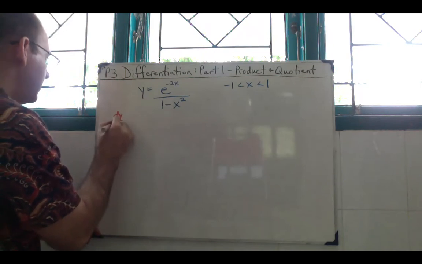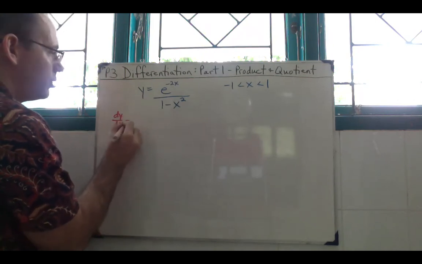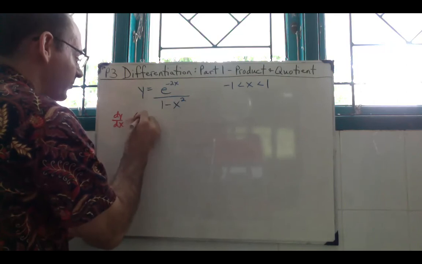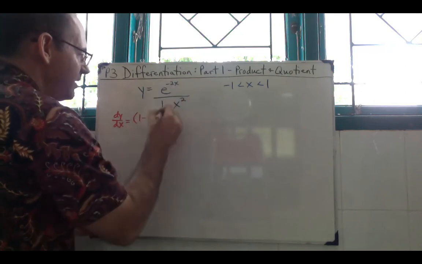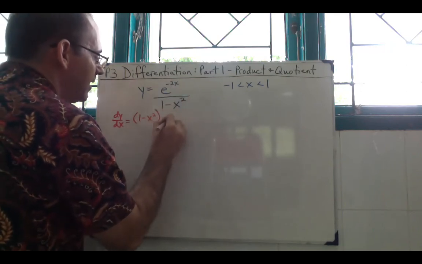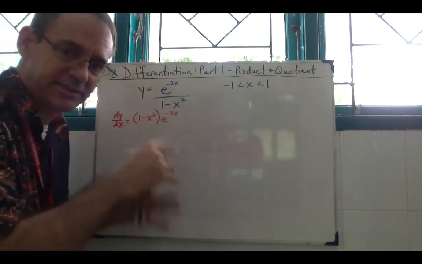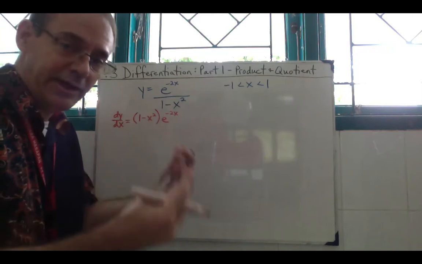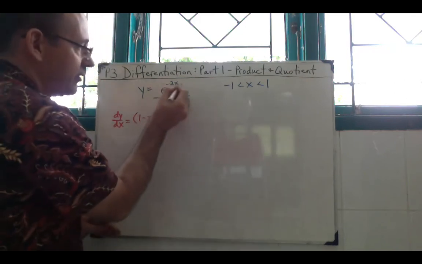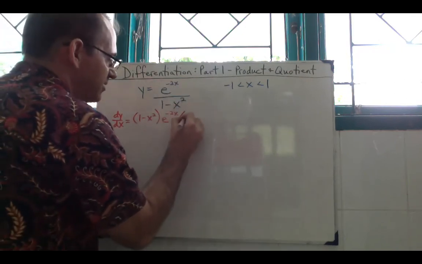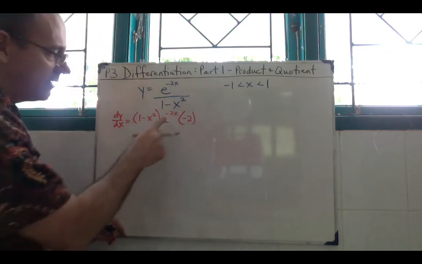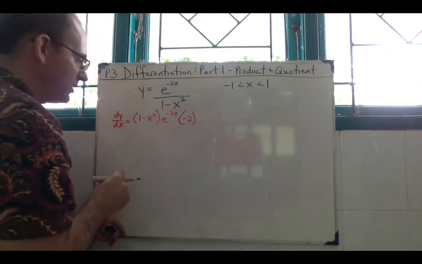dy/dx equals low d high. So the d high is e to the negative 2x. Remember, e to the x is e to the x, then you have to do the dx, or the derivative of the exponent. So that's a negative 2, the derivative of the negative 2x.